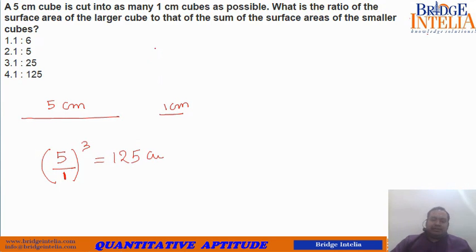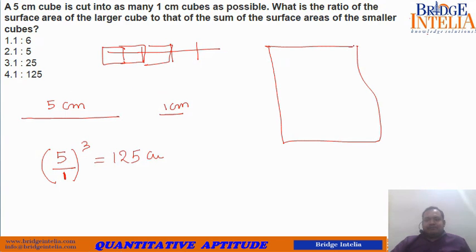Why? Because the volume has to be the same, or you can treat it like a scaling factor as well. So 5 has become 1, or you can say from 5 you have broken into 5 cubes on one edge. Suppose this was the original cube. Now you are breaking it such that on one edge you are going to see 5.